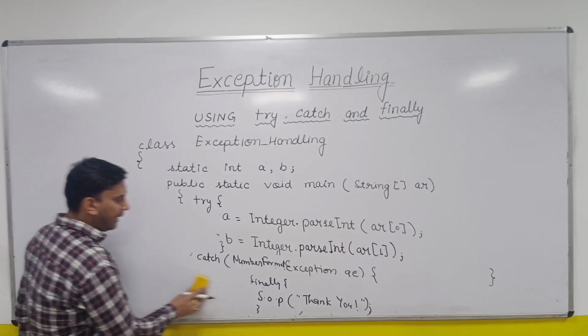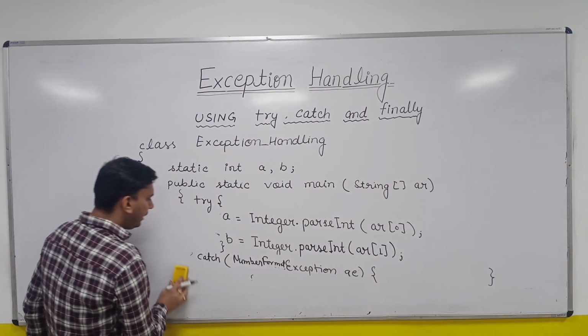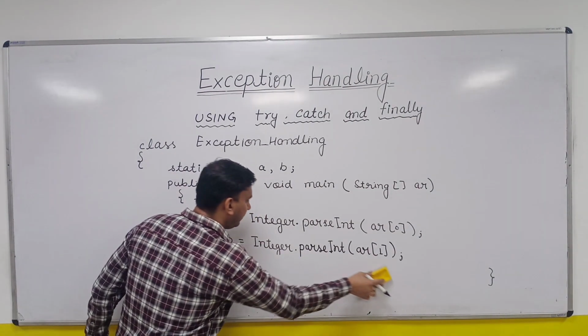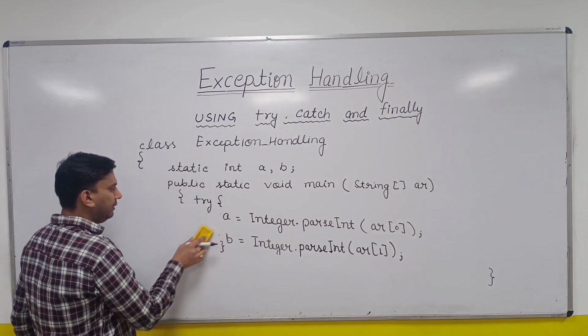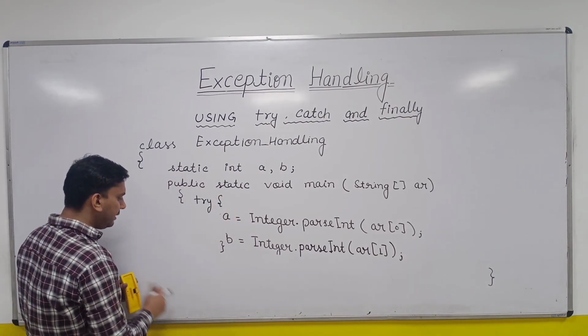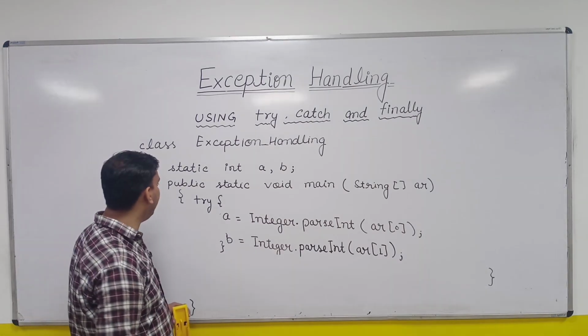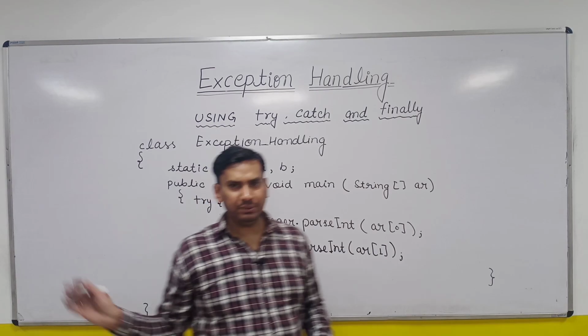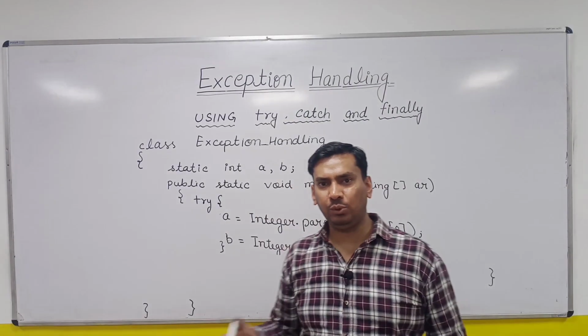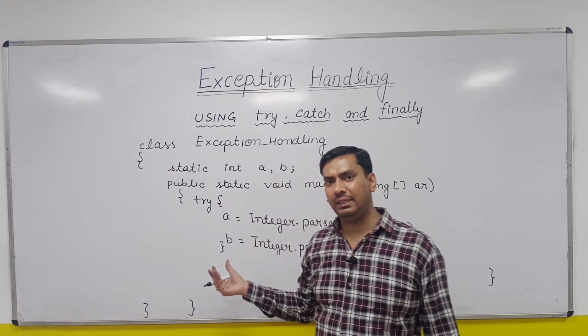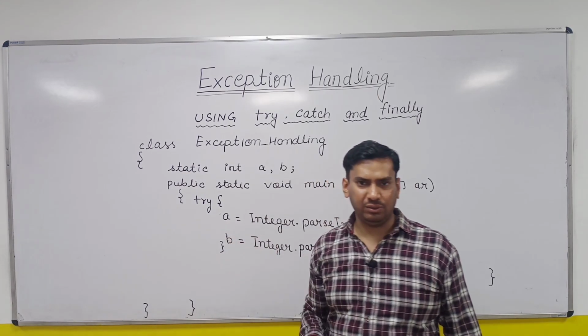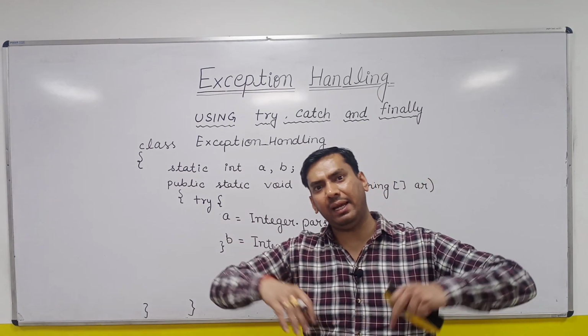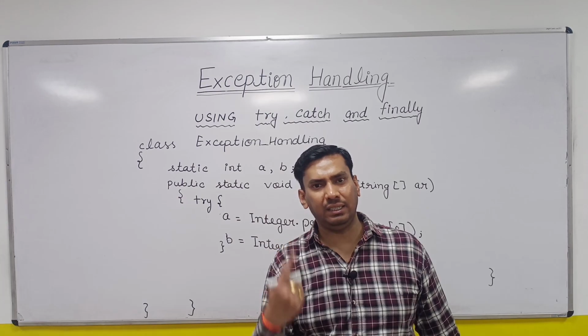So now coming back to this, I am writing the try block and catch blocks. Regarding this catch block, you can write multiple catch blocks with a try, right? So with a single try you can write multiple catch blocks also. As I have discussed here, you can have two catch blocks, one for NumberFormatException, one for ArrayIndexOutOfBoundsException. Similarly, you can have n number of catch blocks with a single try.